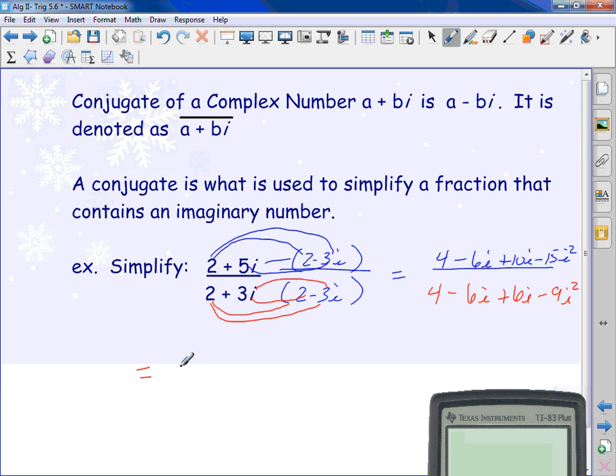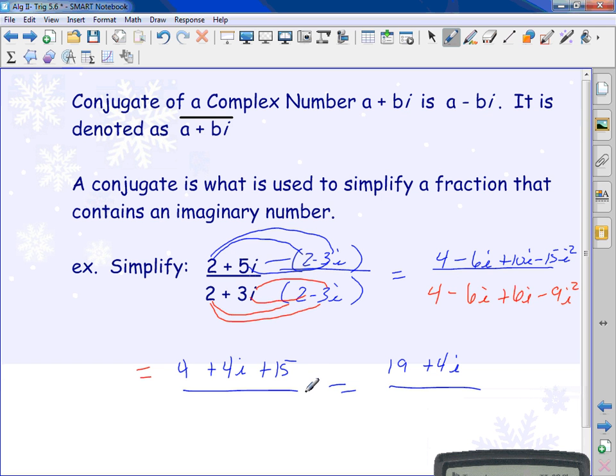All right, I have 4. What's negative 6i and positive 10i? Plus 4i. And then I squared means negative 1 times the negative 15 gives me positive 15. That will be on top, 19 plus 4i.